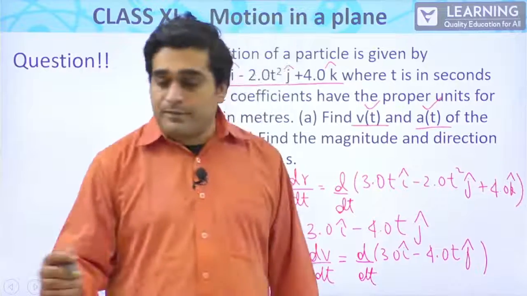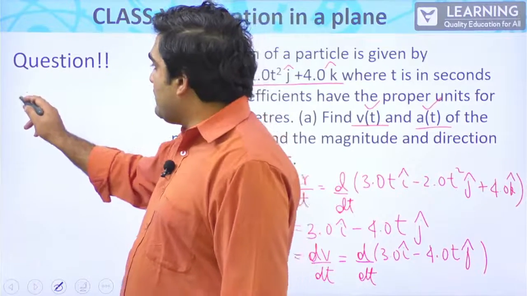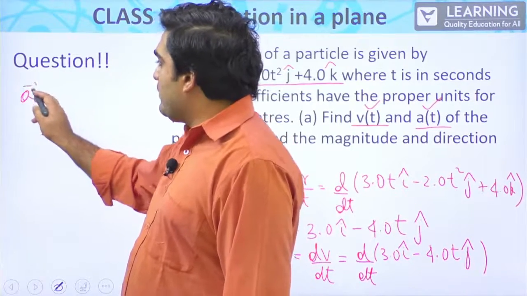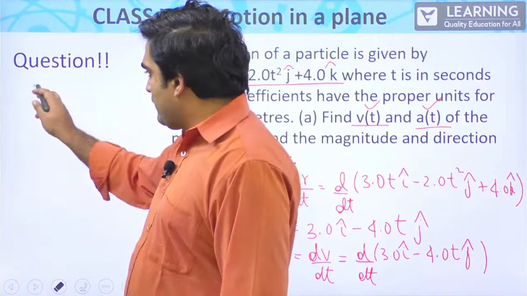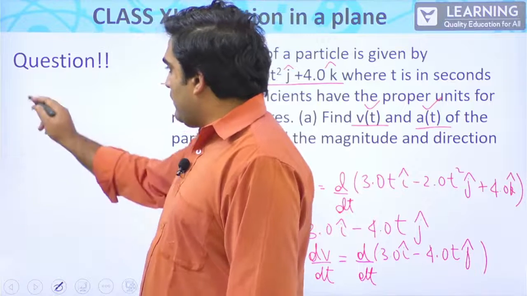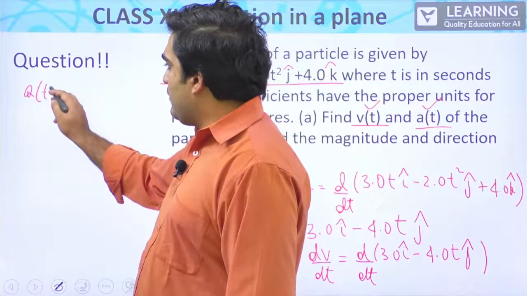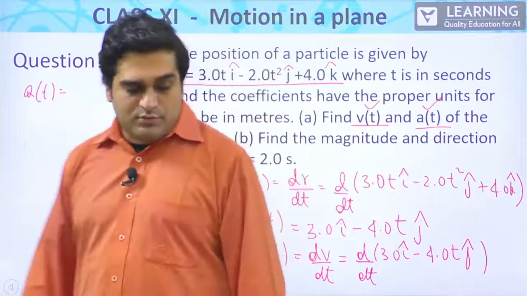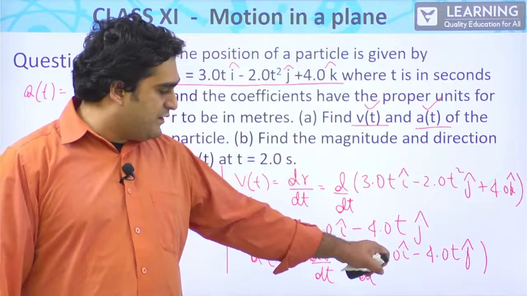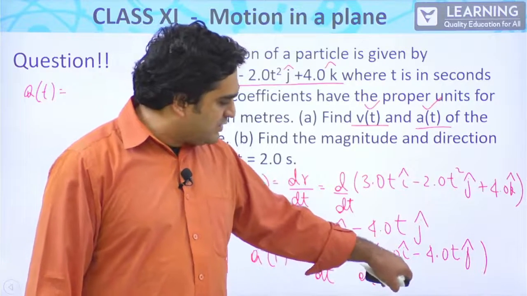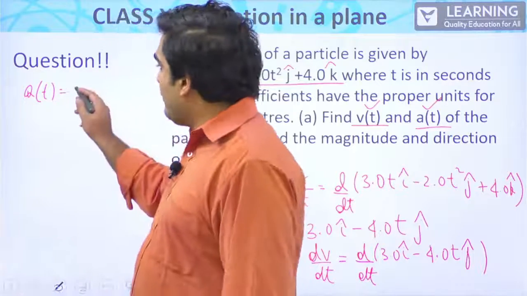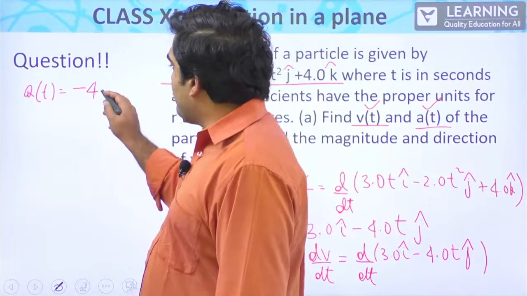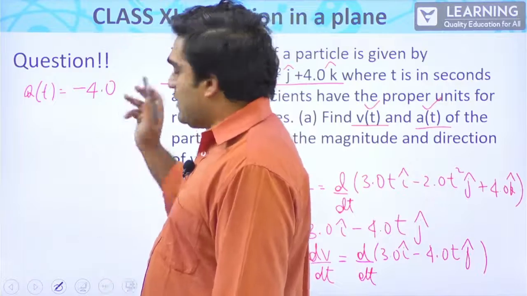So acceleration a of t is equal to, once you differentiate this, this is just a constant, so this will be 0, minus 4.0 j cap.